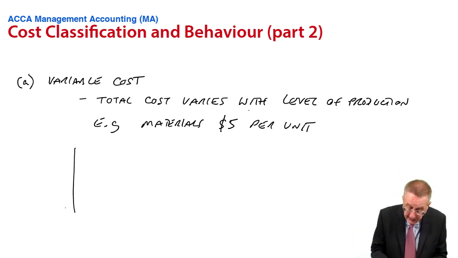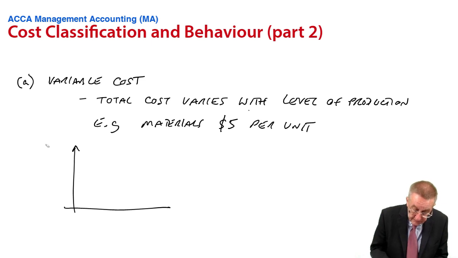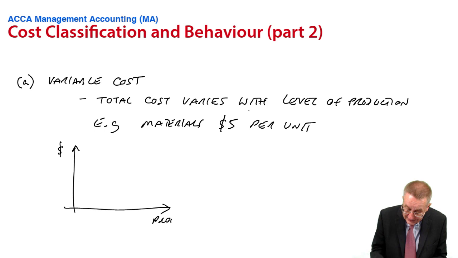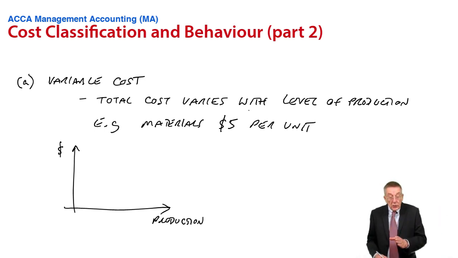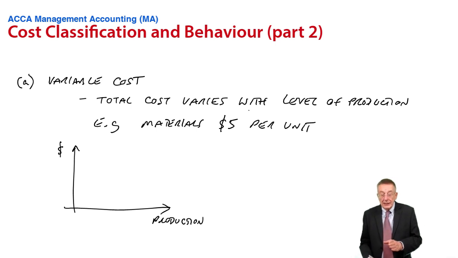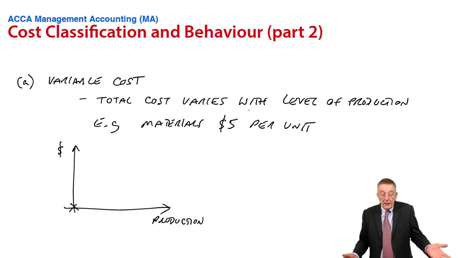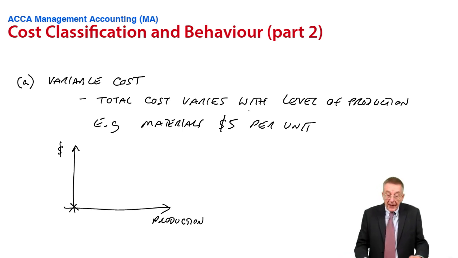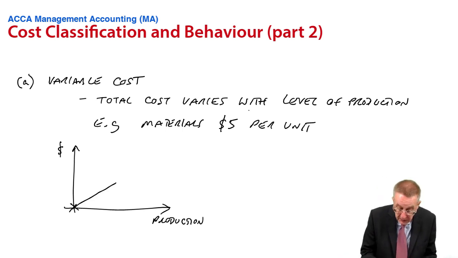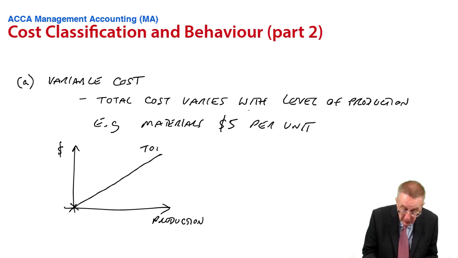And if we did a little graph showing the cost against the production, surely as far as the total cost was concerned, if you produce none, there's no cost of materials, but the more you produce, the more the total cost will be.